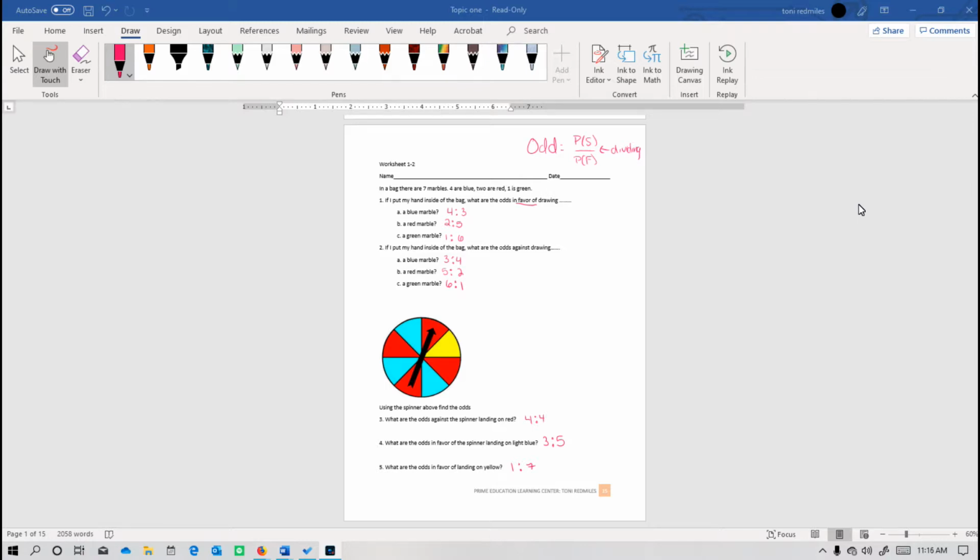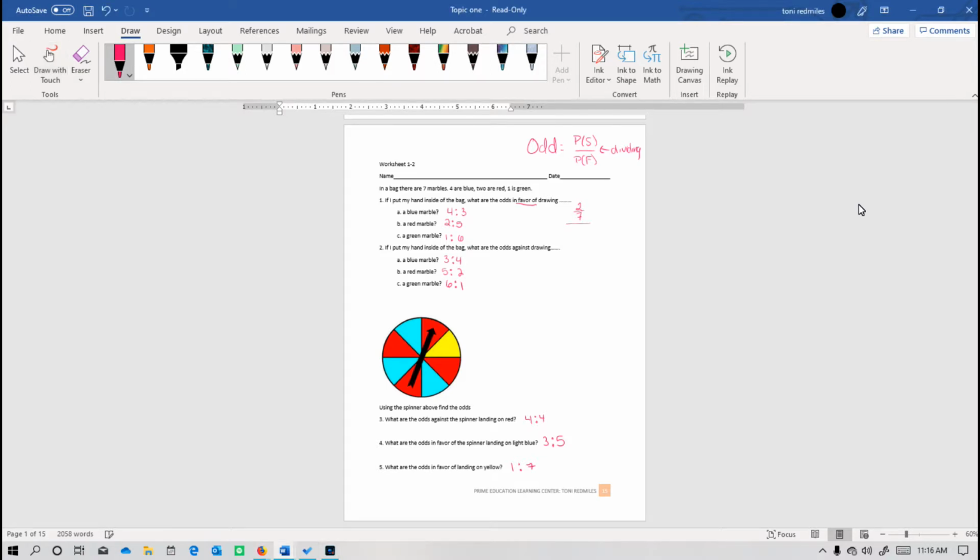So there are 2 marbles in this bag that are in favor of pulling a red. And if I add up my blues and my greens, there are 5 marbles that are not in favor. If I was doing the math work, I would say the probability of success here is 2 red marbles out of 7, divided by 5 marbles not in favor out of 7.